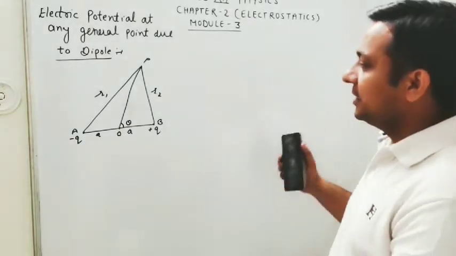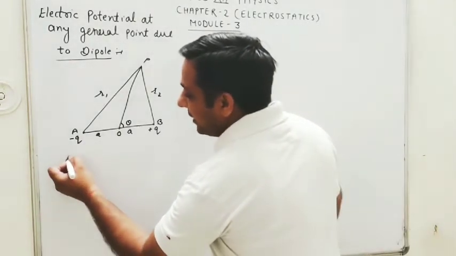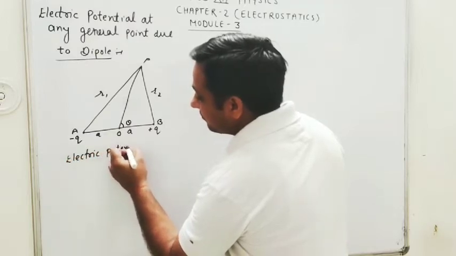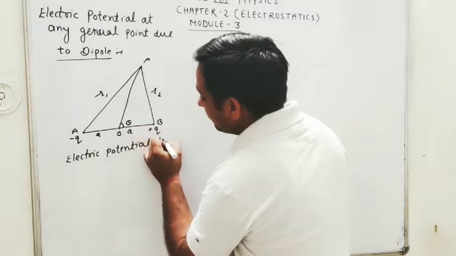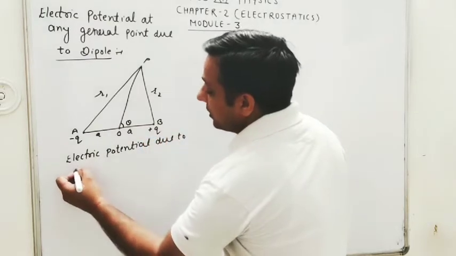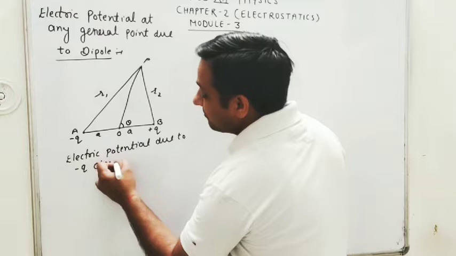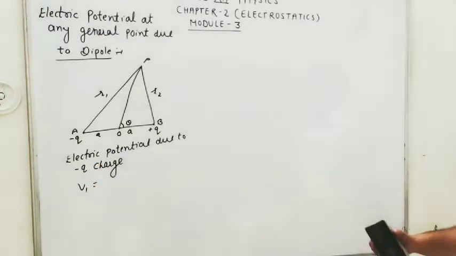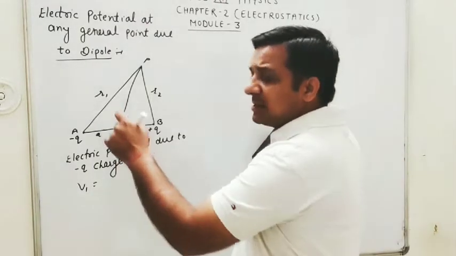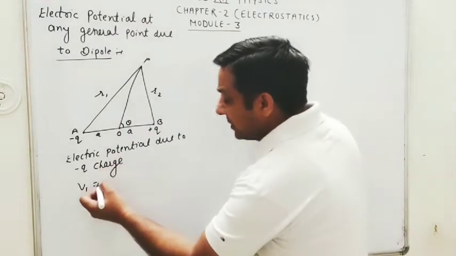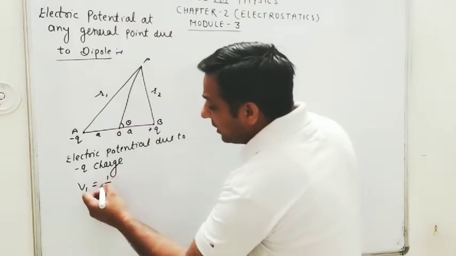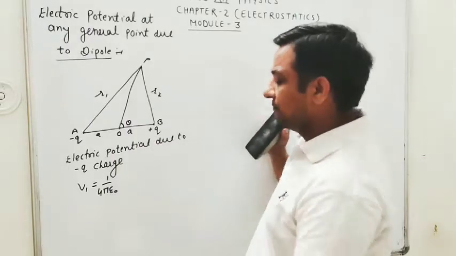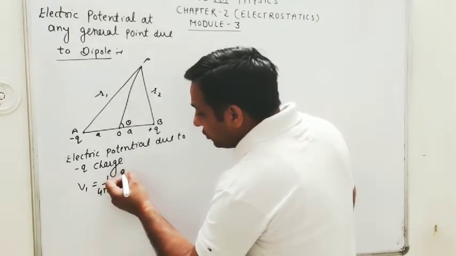So, dear student, here the electric potential due to minus q charge is denoted by V1. So, at distance R1, you can say V1 is equal to 1 by 4 pi epsilon naught, you can also write it K, and Q upon R1.